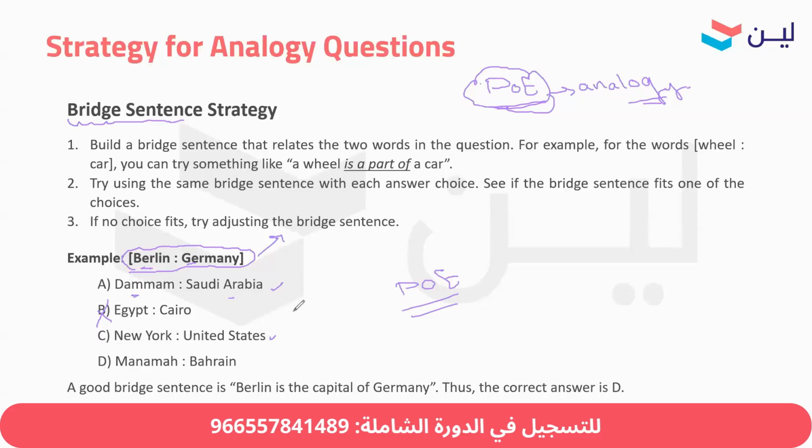You have to eliminate the choices now, because A and C are similar somehow. Dammam is in Saudi Arabia, yes. New York is in the United States, but which one is closer? Or to be accurate, which one is the closest?